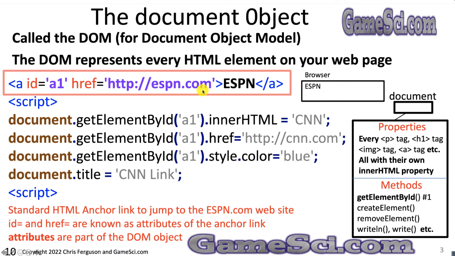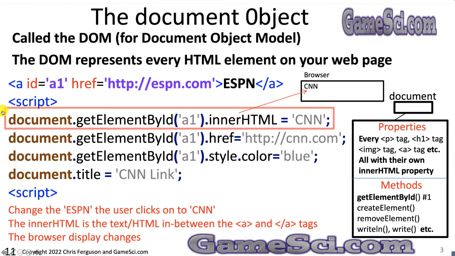This is a standard HTML anchor link, that's why it's shortened to A, that will jump to the ESPN.com website. Notice the ID equals and the href equals. Those are called attributes of the anchor link. Attributes are part of the DOM object. There is an object in the DOM that represents this anchor link, and inside that object is the ID and the href. And if we can access them, we can change them.